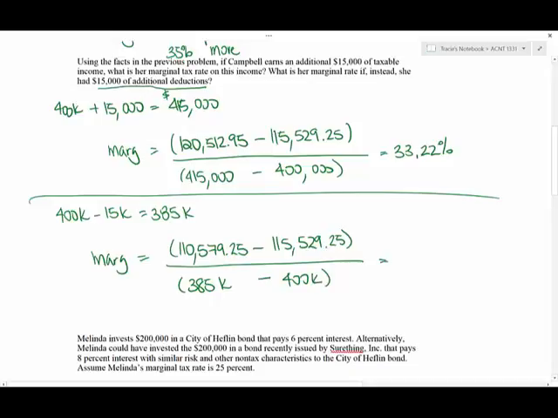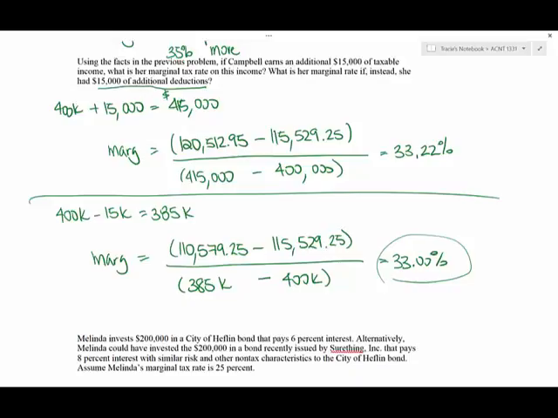And I get a tax rate of 33%. So notice, this marginal rate stayed the same. The reason is that the deduction of $15,000 wasn't enough to put us into a lower tax bracket. The only time the marginal rate changes is when we go into a higher tax bracket or a lower tax bracket. Otherwise, every dollar you earn will be taxed at the same bracket as what you're in.